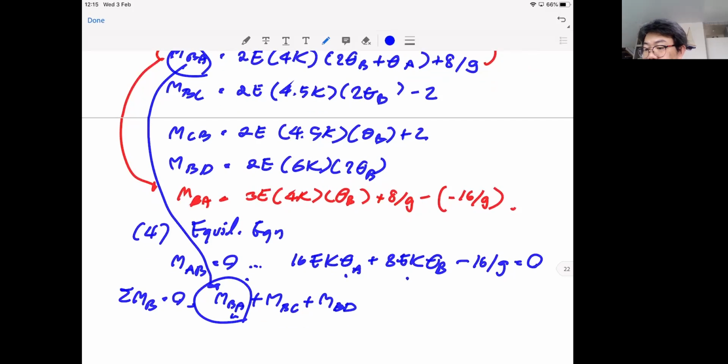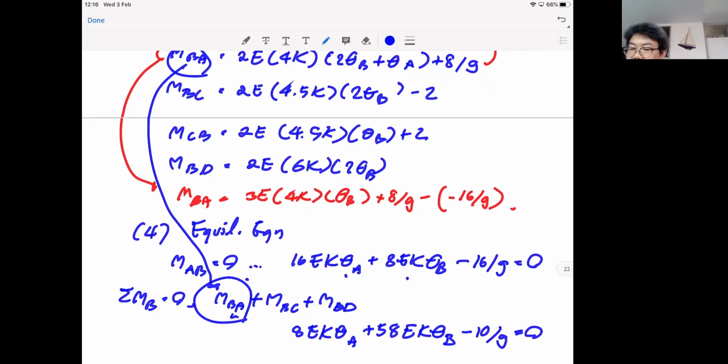So that becomes 8 EK zeta A plus 58 EK zeta B minus 10/9 equal to 0.